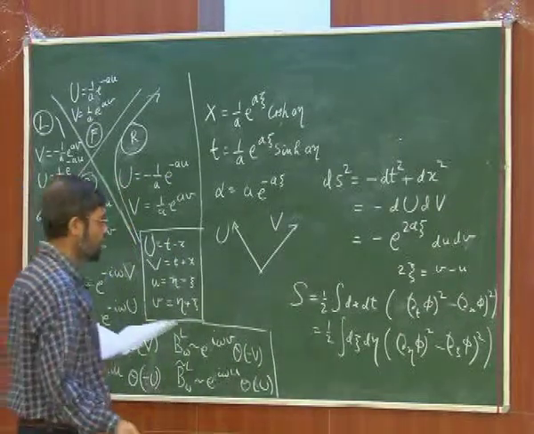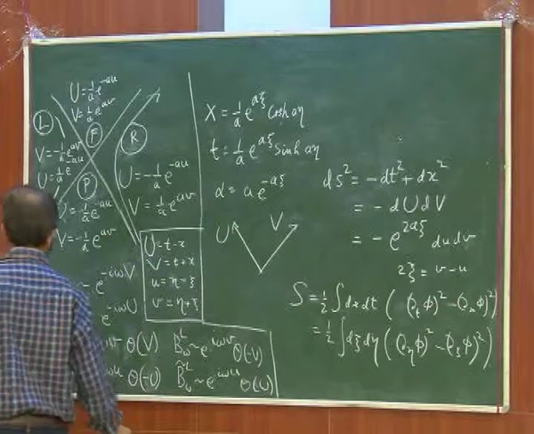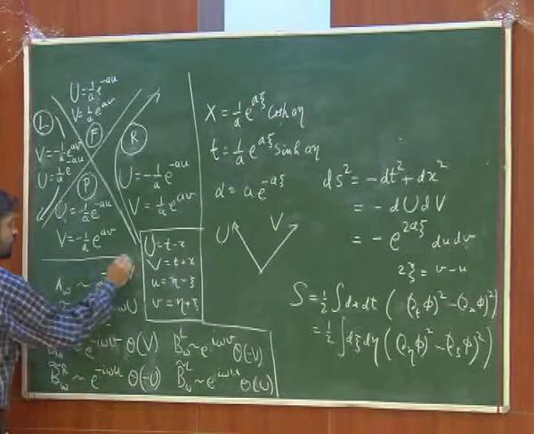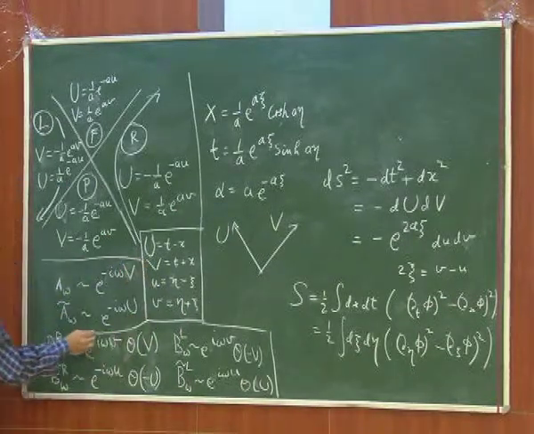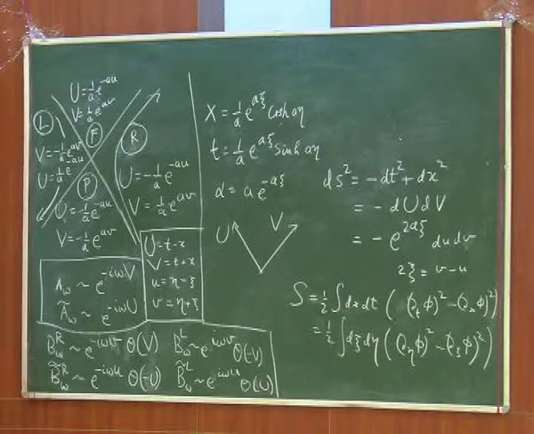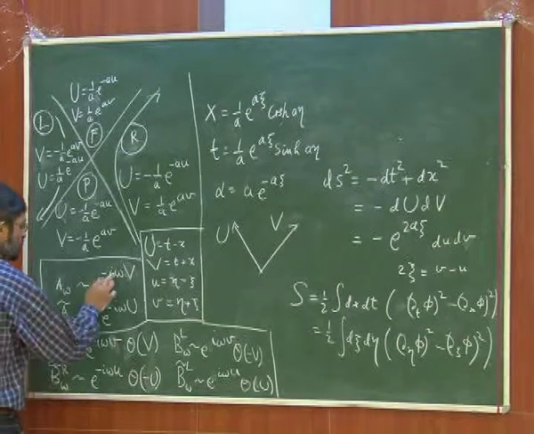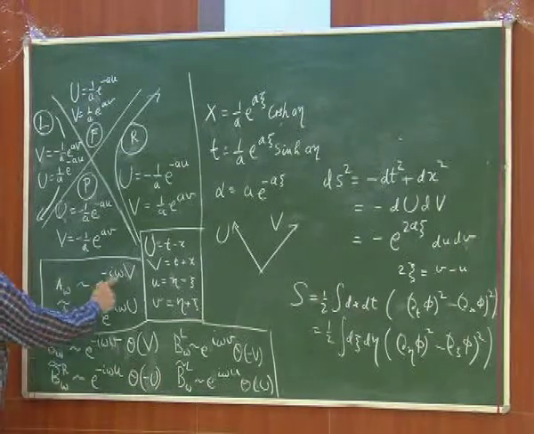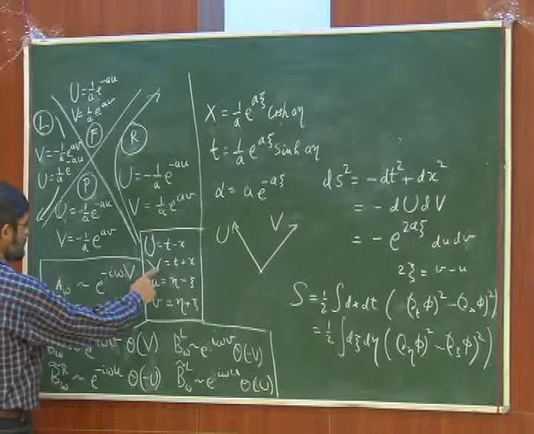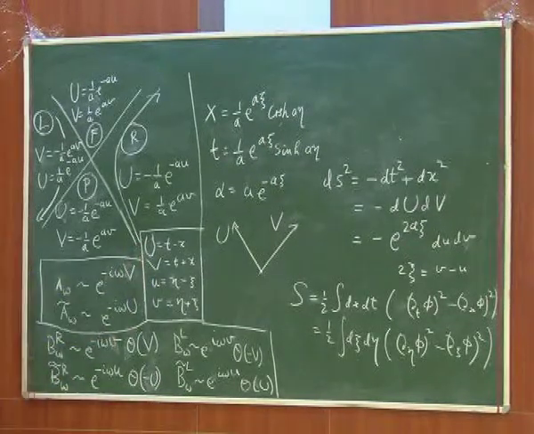So first of all, I have rewritten the solutions of two-dimensional Minkowski space here. I have dropped the 1 over square root of 2 omega, etc. These normalization factors you can put in. So it's proportional to exponential of minus, recall that capital U and V are given by this.